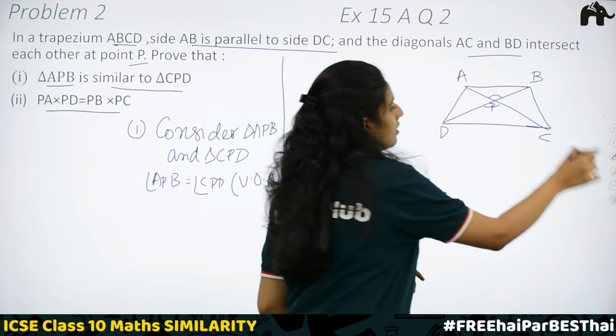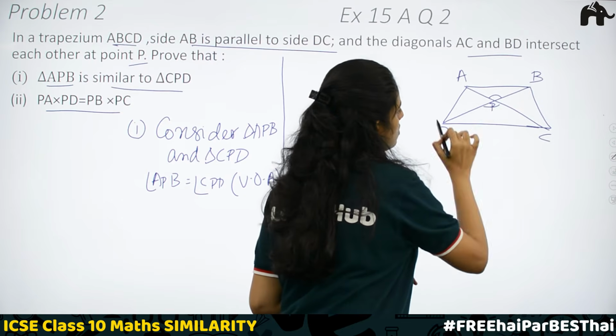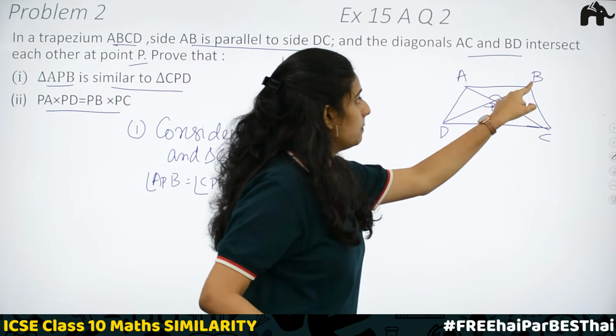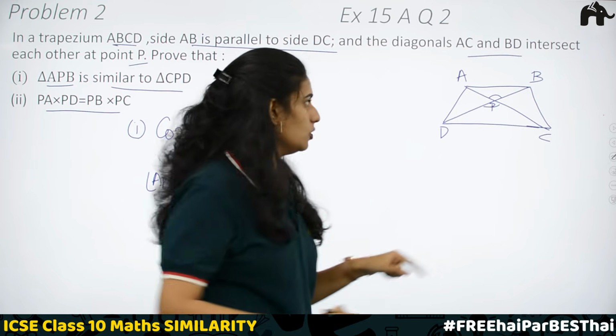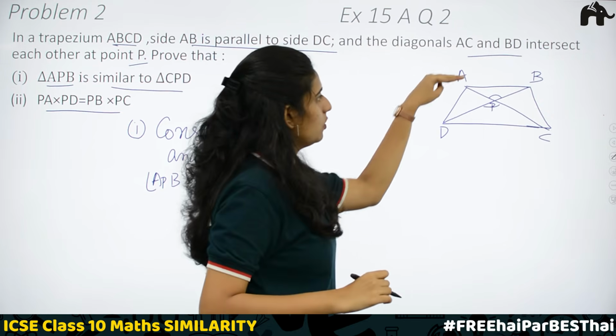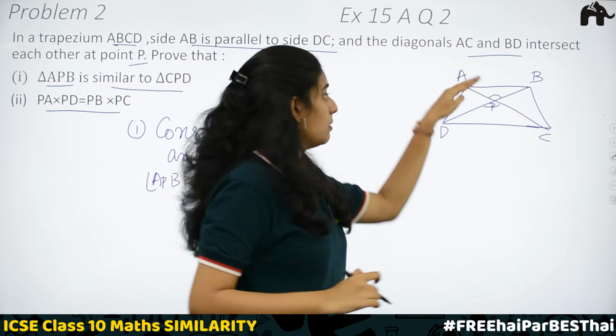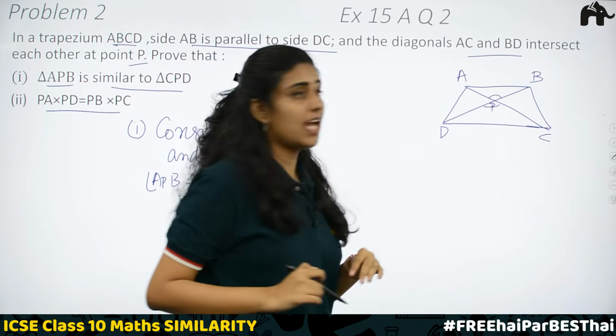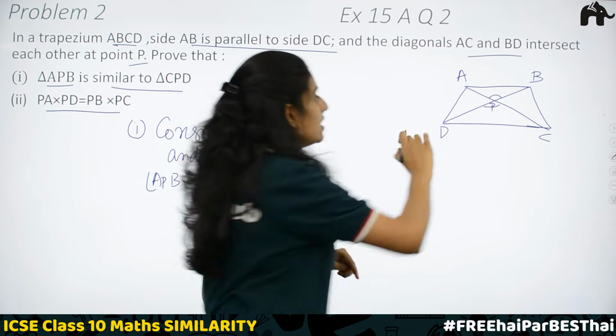Now, consider these two parallel lines, AB is parallel to DC. Consider this line BD. BD is passing through AB and DC, which means BD is a transversal.